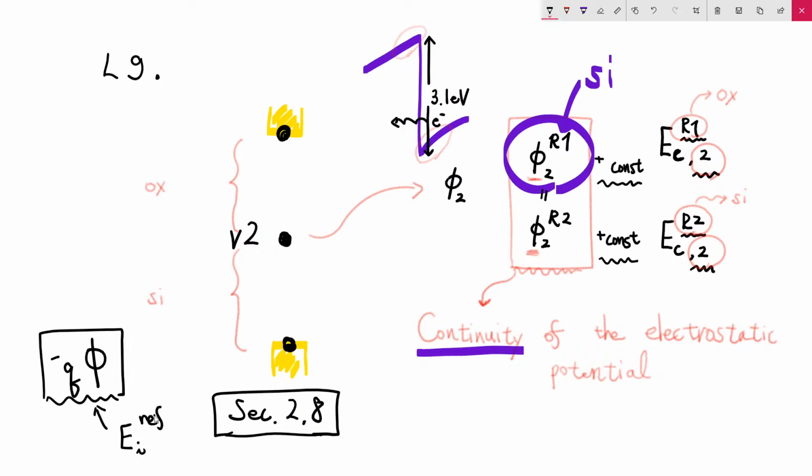Now you finally understand that the continuity of the electrostatic potential is a special consequence of our special setting, where all of our electrostatic potential is referred to the reference material. Okay.